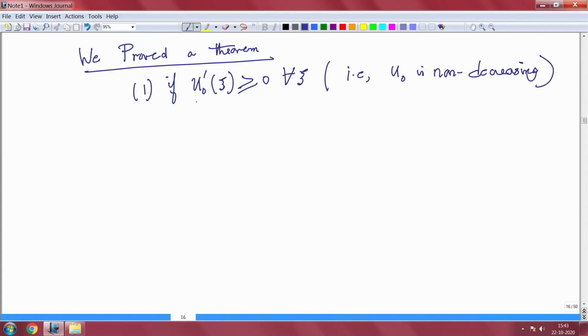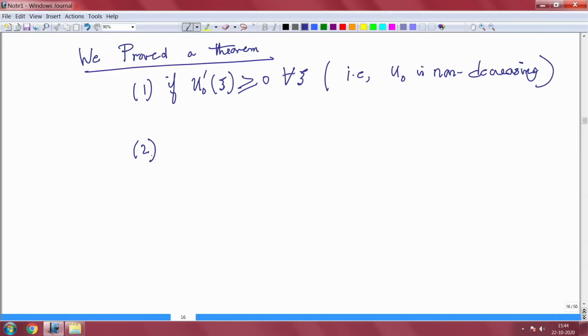That means the inverse function theorem condition is satisfied, and you can solve it and get the unique local solution; you can immediately get it, there is no issue. Okay. You can solve it along the characteristic. But what happens in the other situation, if this is not true, if it is non increasing, or in this case?